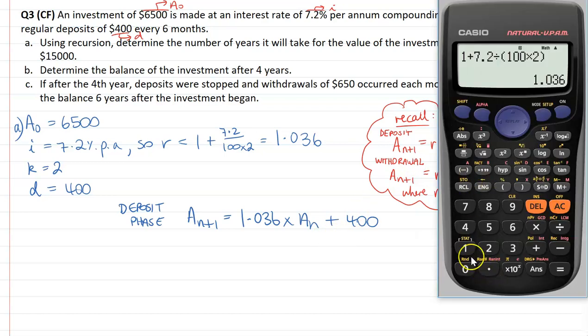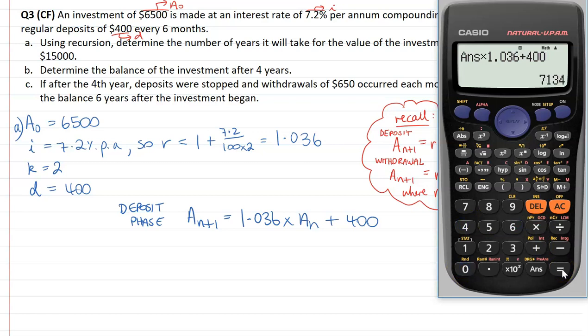So setting that up on my calculator, I would pop in my initial amount or principal, and then I'm going to carry that forward for my recursion process. So 1.036, add on the $400.